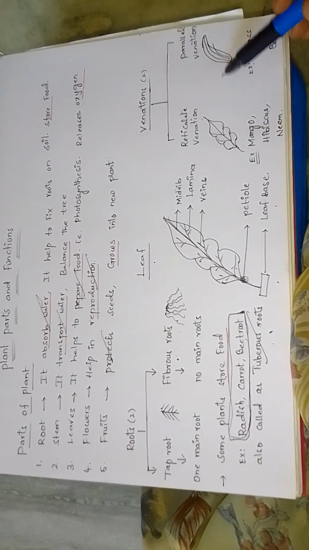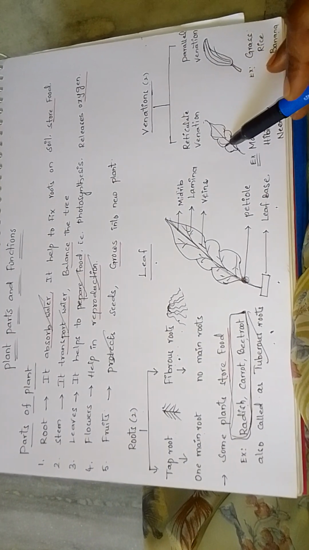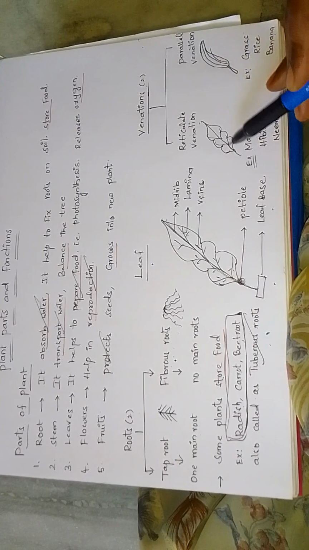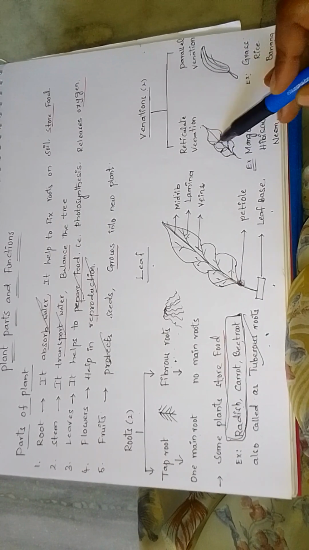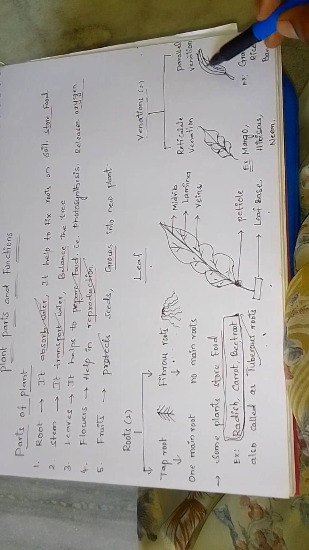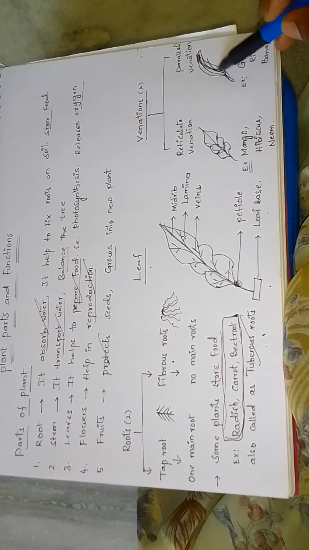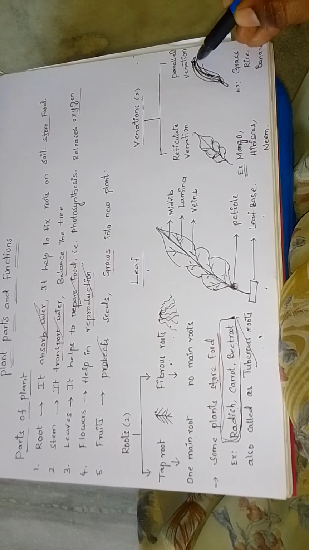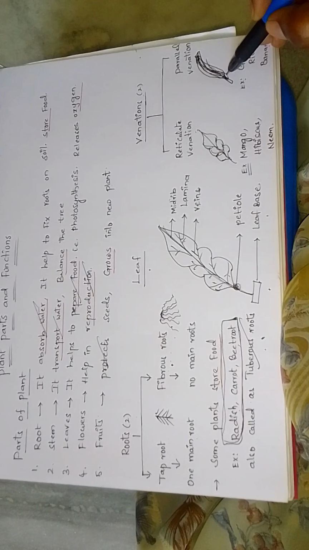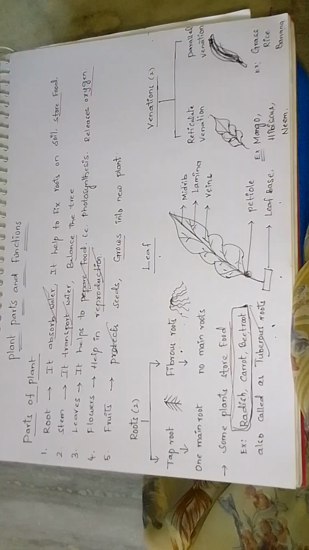What is the difference between reticulate venation and parallel venation? In reticulate venation, the veins form a net-like structure, and in parallel venation all the veins are straight side by side. One vein is straight and another vein is also straight. This type of venation is parallel venation.